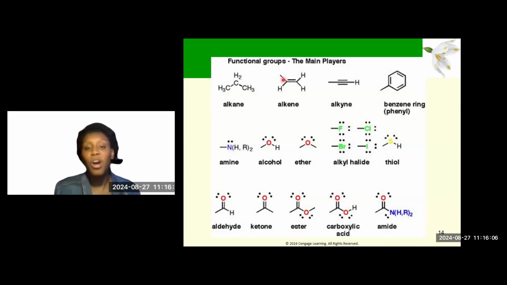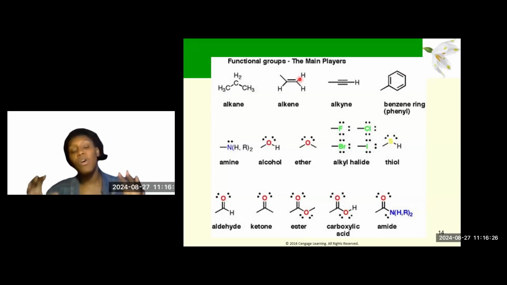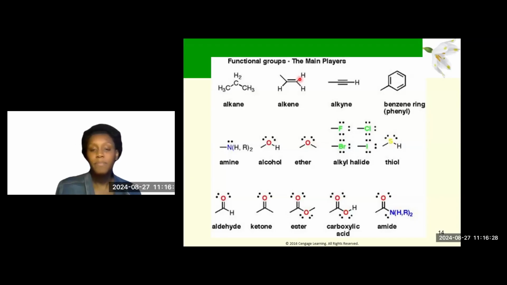So these are all your hydrocarbons at the top. Then you have your single bonded ones, your amines, your alcohols, your ethers, your alkyl halides, and your thiols. Important, okay? And then the carbonyl ones that you guys want to make sure you know: aldehydes, ketones, esters, carboxylic acids, and amides.